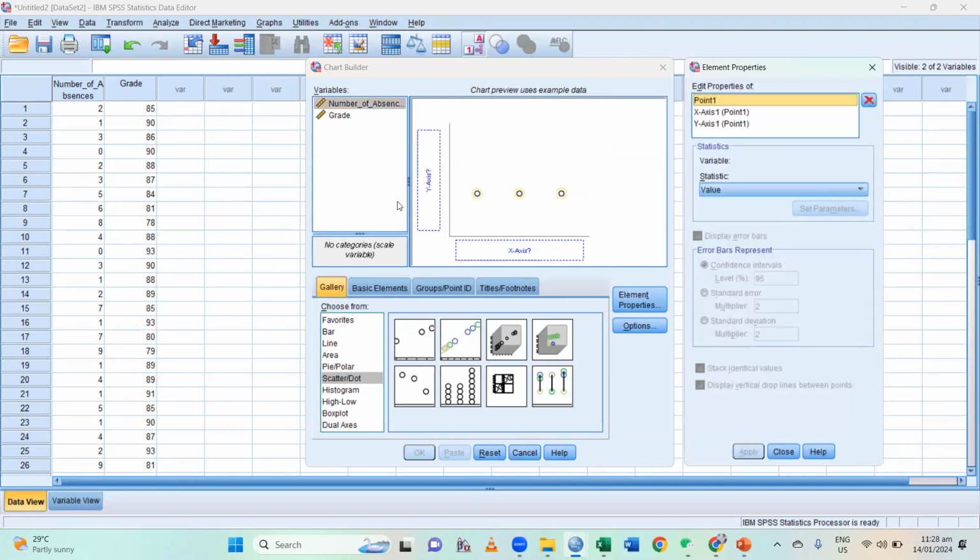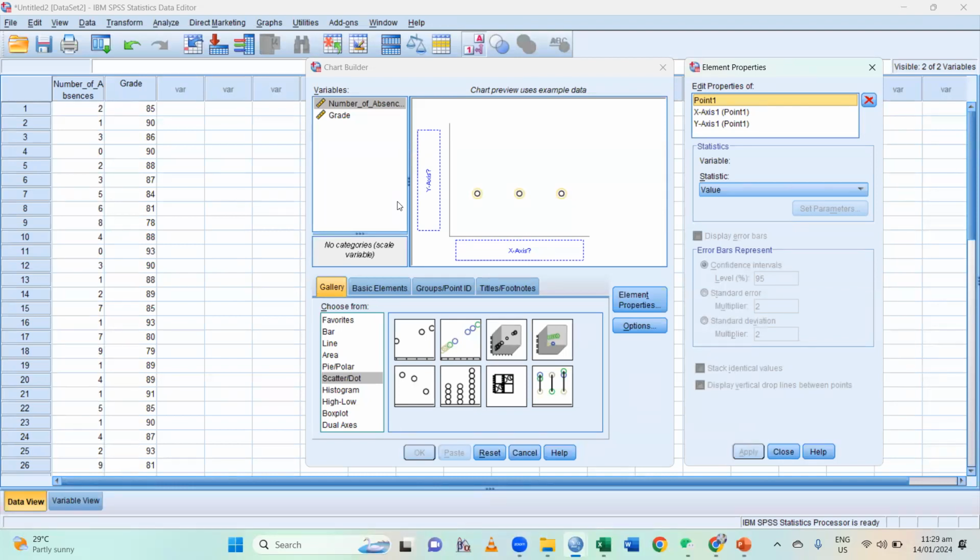What do you think is the independent variable between the two? Number of absences or grade? Independent, X. Which affects the other? Does your absence affect your grade, or does your grade affect your number of absences?